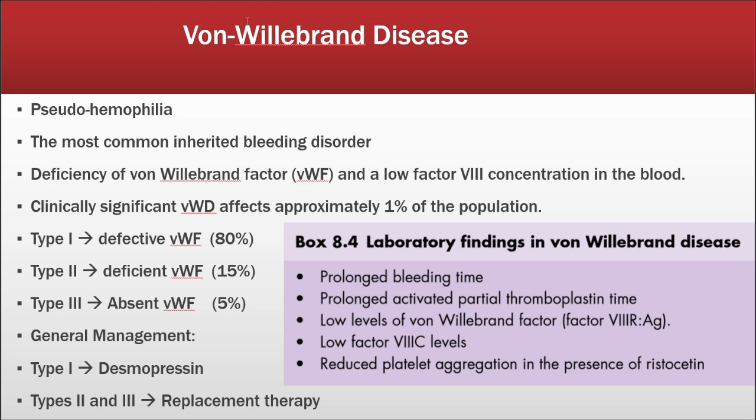Type 1 is defective, and it's the most common type, 80%. Type 2 is deficient, 15%. And type 3 is absent, we don't find any of it, 5%. Desmopressin works in type 1; types 2 and 3 need replacement therapy.